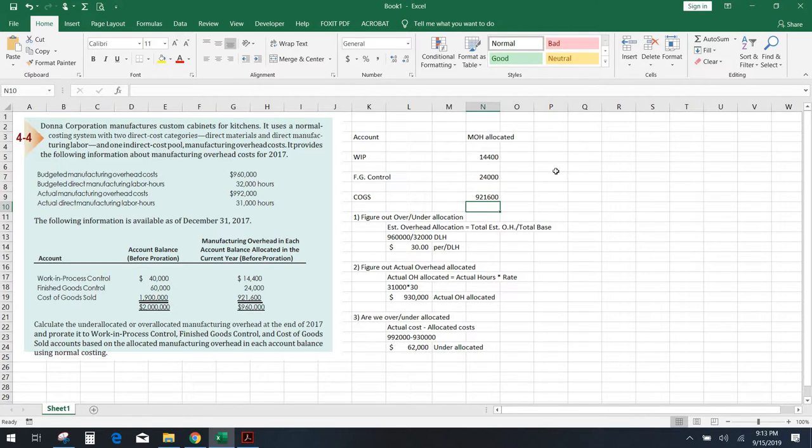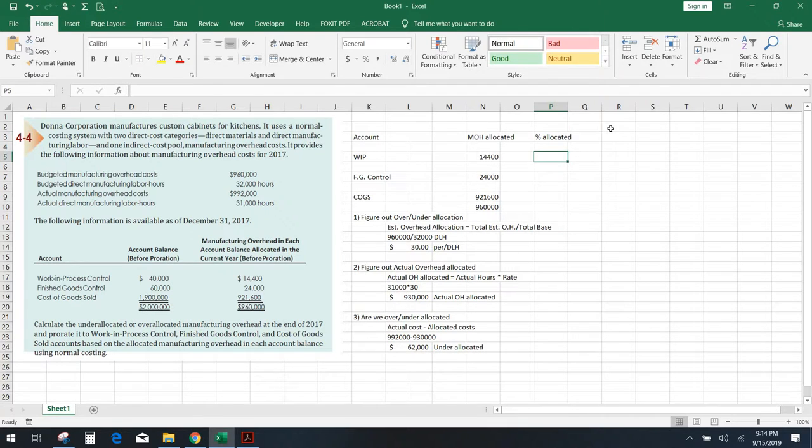Let me just total it up here. What percentage of that 960,000 total was allocated to each one of these, and then we allocate this 62,000 in the same percentage as it was before. So let's make a new column, percentage allocated.